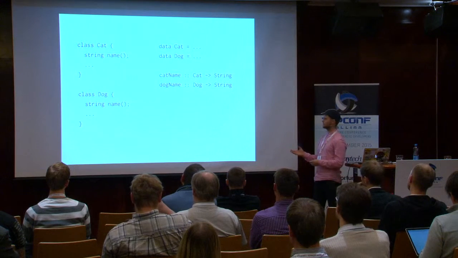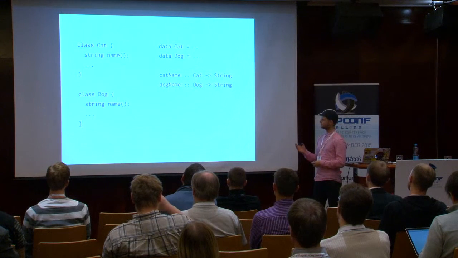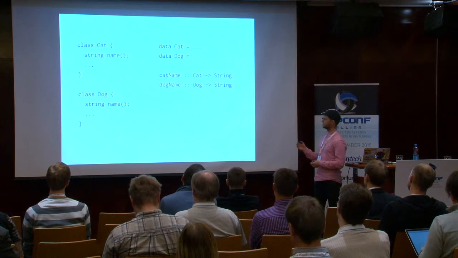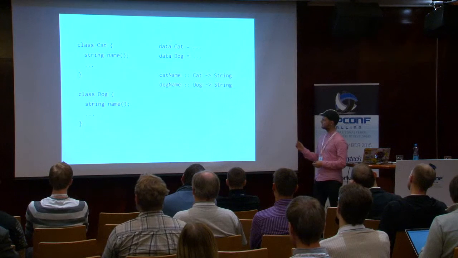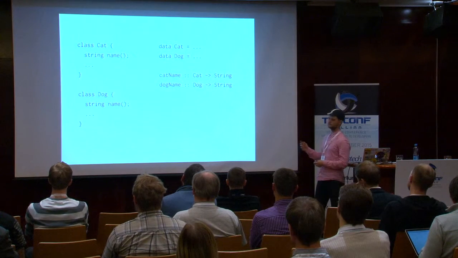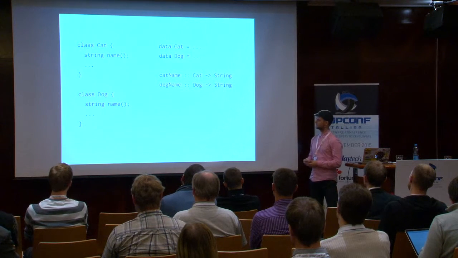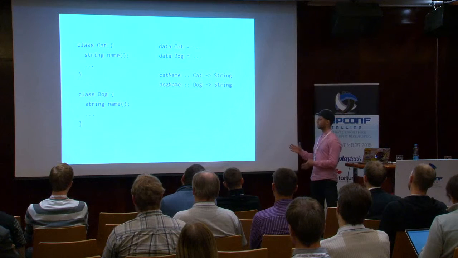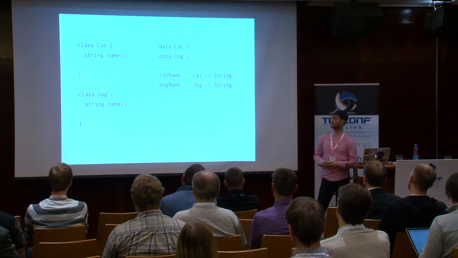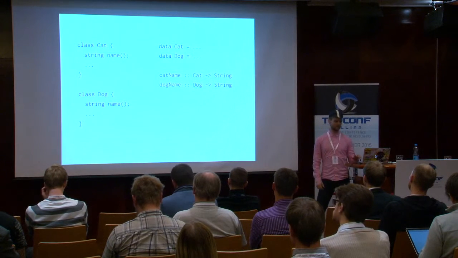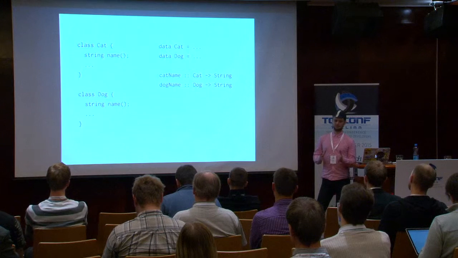In C++, we would have a method name on both. And in Haskell, we will have two functions, cat name and dog name. They're named differently because we have to have different names. But if we put them in different modules, then they could have the same name as well. But naming is not the problem. The problem is when we want to work with something which has a name, how we would do that.